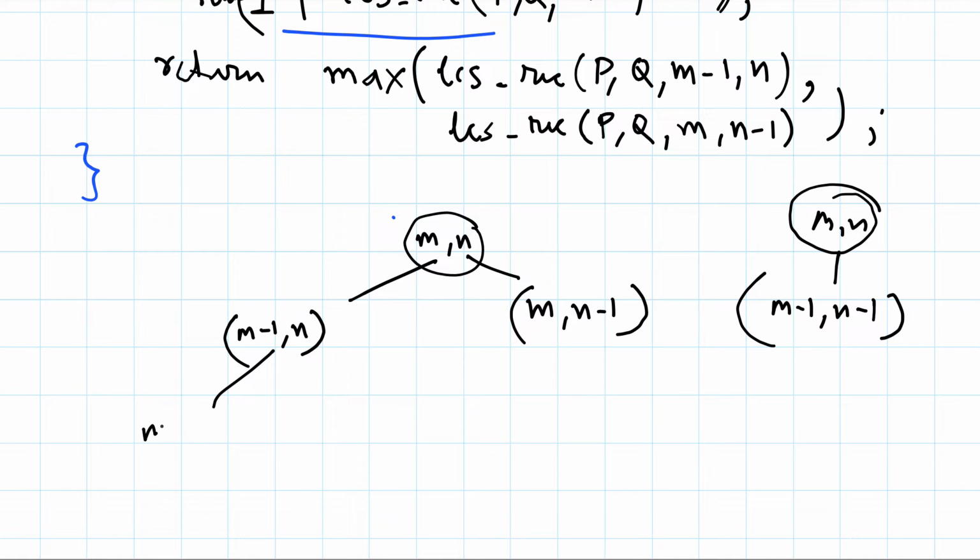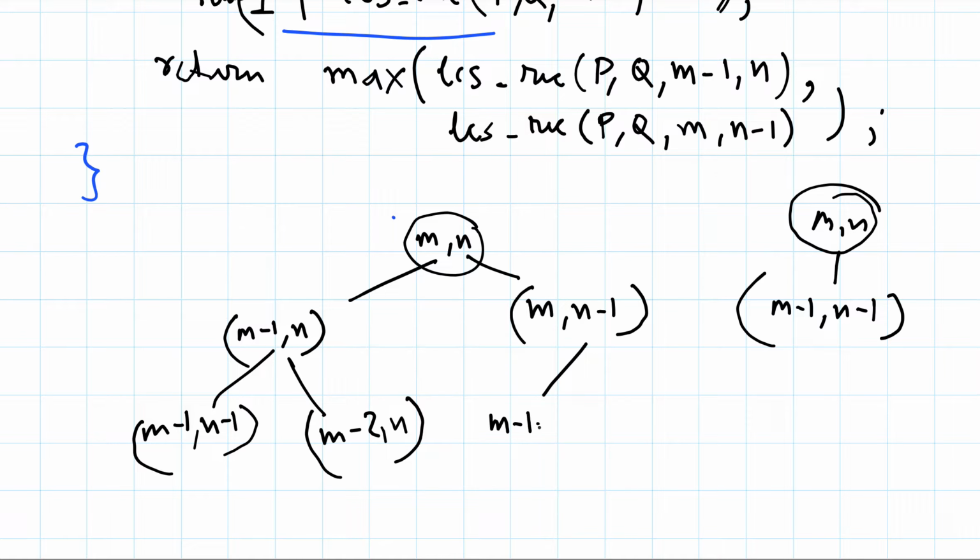So this again needs m minus 1, n minus 1 and m minus 2, n. And this again m minus 1, n minus 1 and m, n minus 2 and so on.